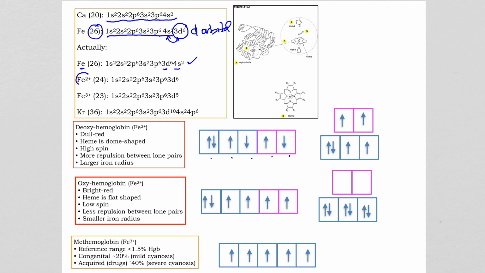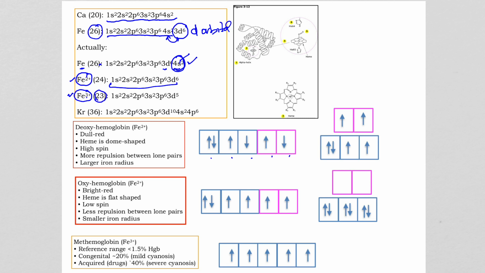Now Fe2+ loses 2 electrons, basically these 2 outermost electrons, so the electron configuration is this. Fe3+, the ferric, this is the ferrous, this is the ferric, has lost 3 electrons, so 26 minus 3 is 23 electrons.